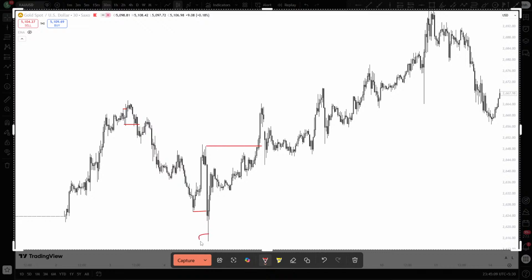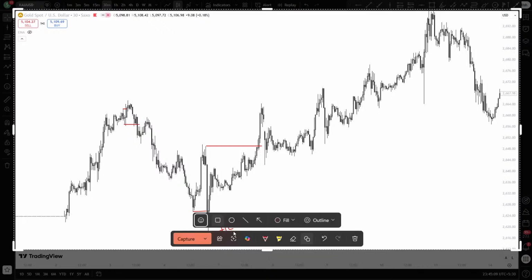So this point can never be considered as our higher low for as long as the market has not given us a breakout of this higher high.